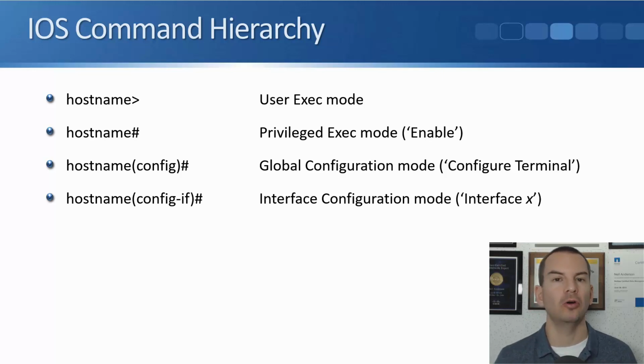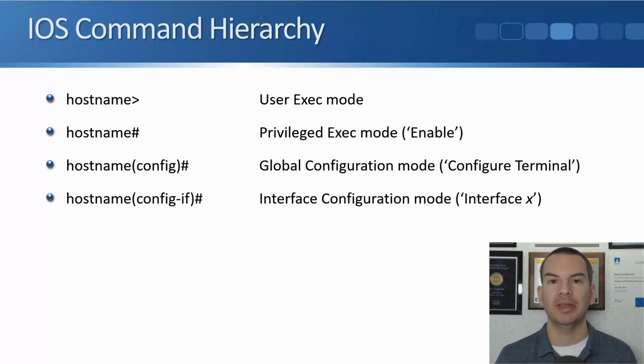That's where you can run all of the show commands and all of the debug commands. When you do enter the enable command, you'll see the command prompt changes to show the host name and then a hash. So you can view information about the router there. To make any changes, you need to get into global configuration mode.